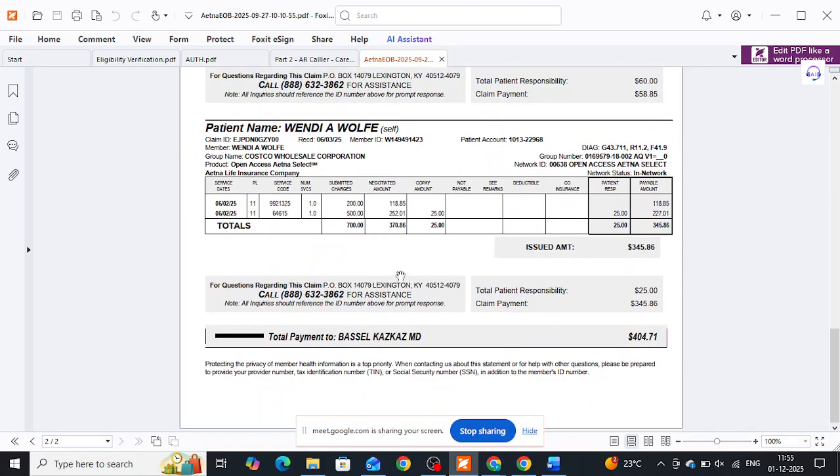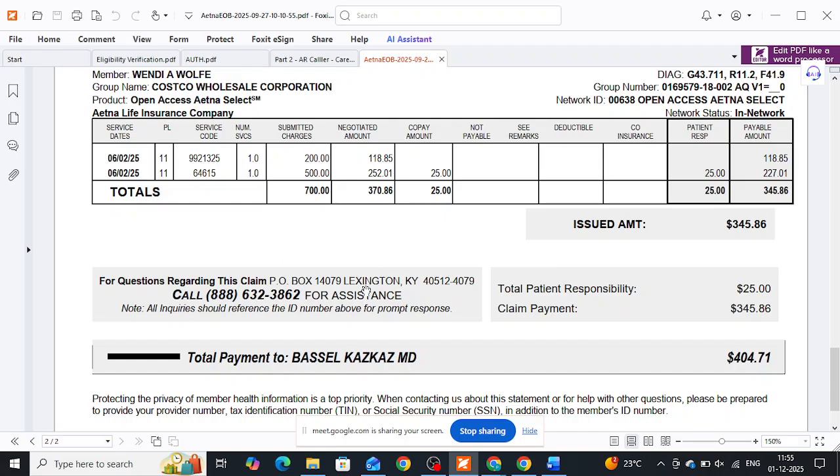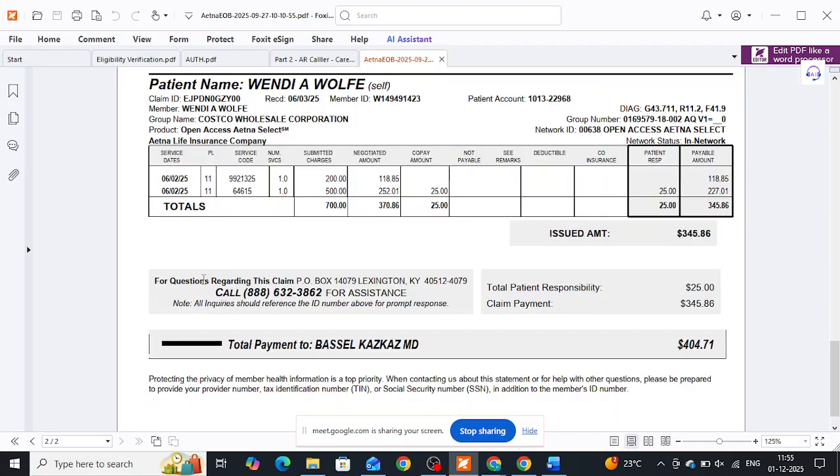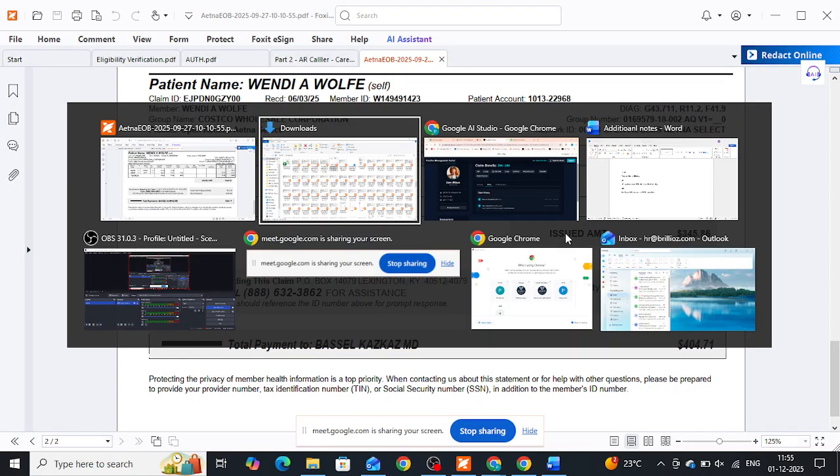They will give an instruction like this: we can submit within a given time frame to this address or this fax number. They give that detail, and we don't have to call.